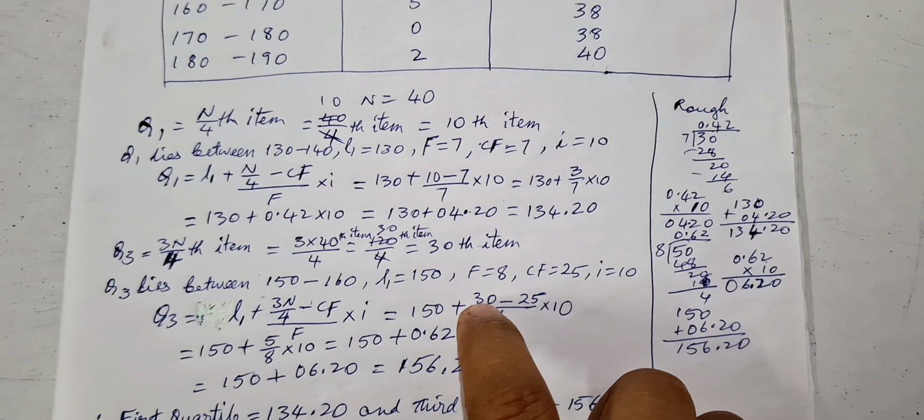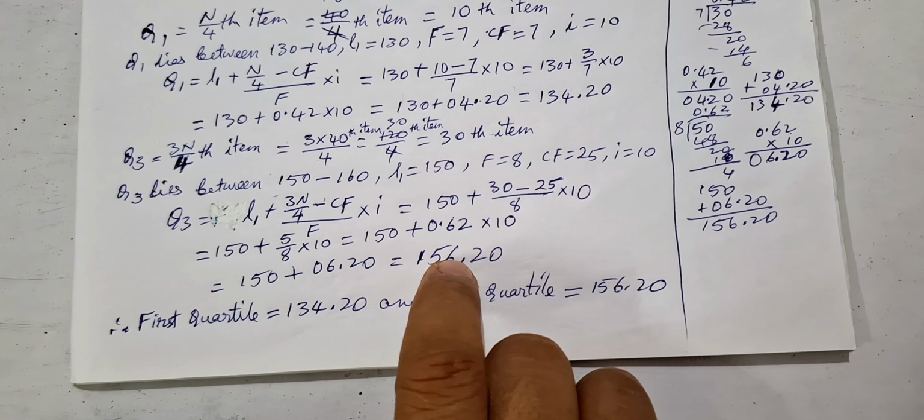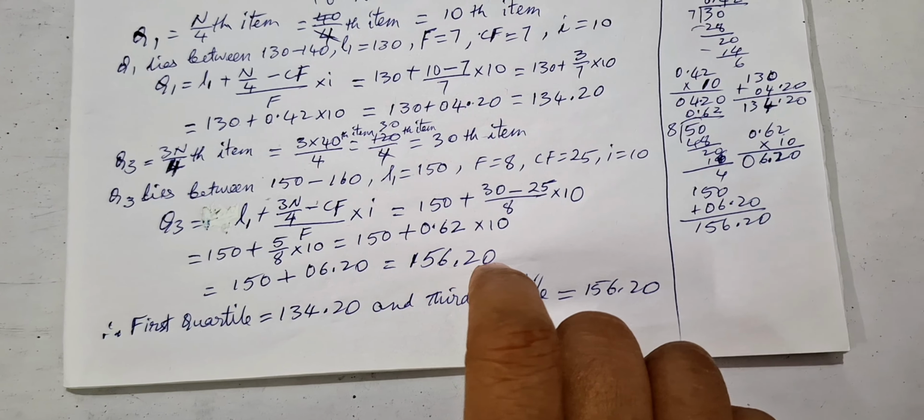It is equal to 150 plus 5 divided by 8. 5 divided by 8, when we solve it, we get 0.62. So 0.62 multiplied by 10 equals 6.20. So 150 plus 6.20 is equal to 156.20. We have summed up those two numbers. So we're getting this for Q3. Q3 is equal to 156.20.